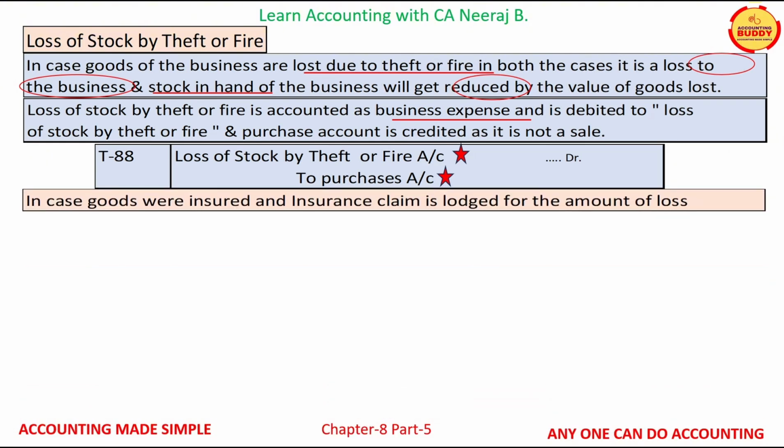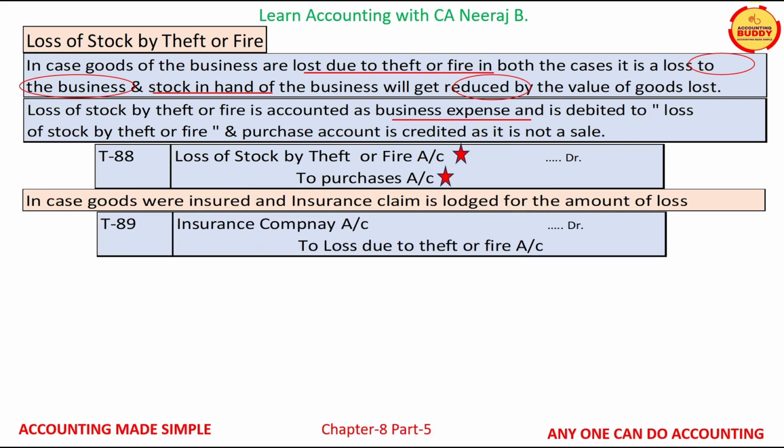In case goods lost were insured, an insurance claim is lodged for the amount of goods lost, and the below entry will be passed. Debit the insurance company as the amount is receivable from the insurance company and credit the earlier debited loss due to theft or fire account as the amount of goods lost will be recovered from the insurance company.